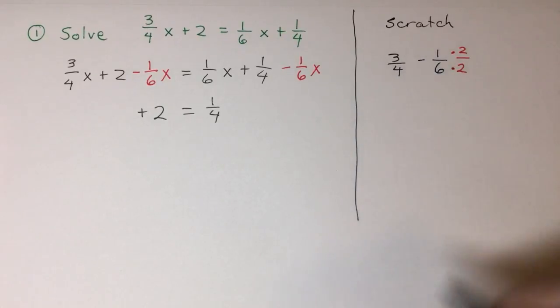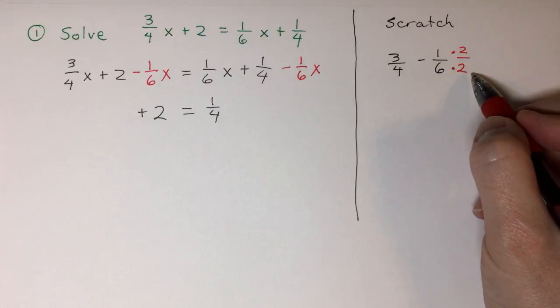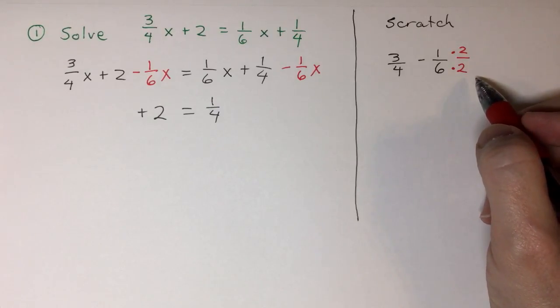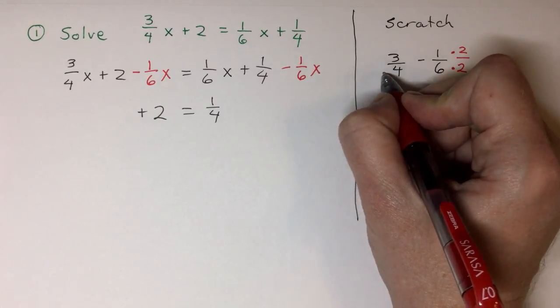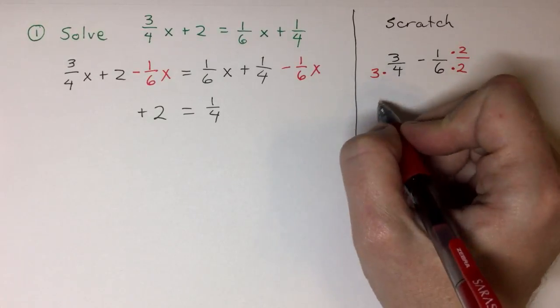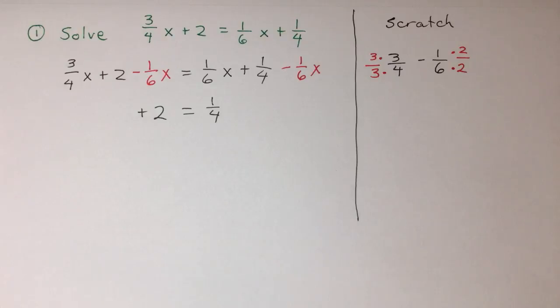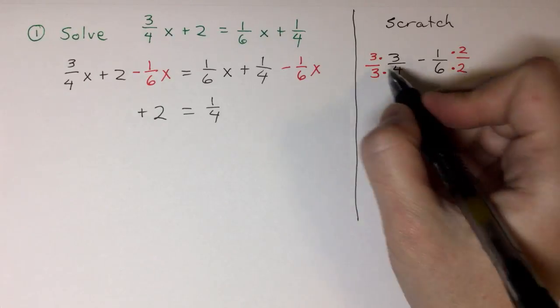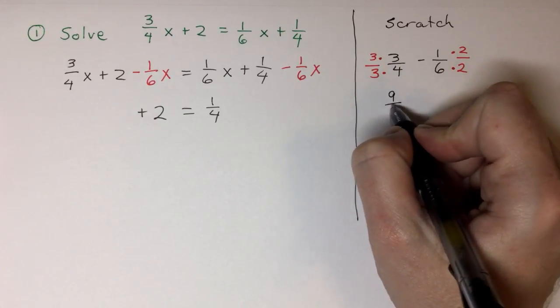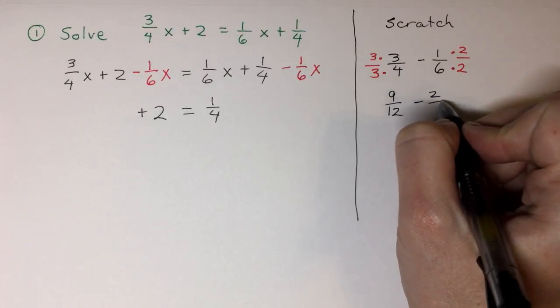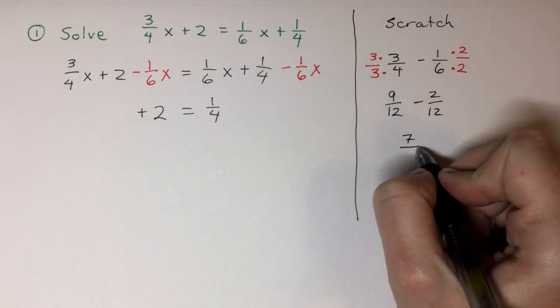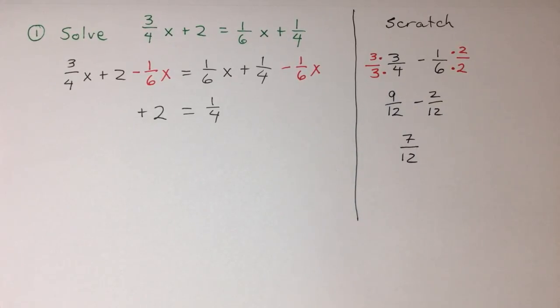I can only multiply by 1, or I've changed my expression, so I have to multiply by 2 over 2, so I've multiplied that fraction by 1. The 4 needs a 3. 4 times 3 is 12, so I have to do the same thing to the numerator, so I have only multiplied by 1. 3 times 3, I've got 9/12 minus 2/12, so I have 7/12.